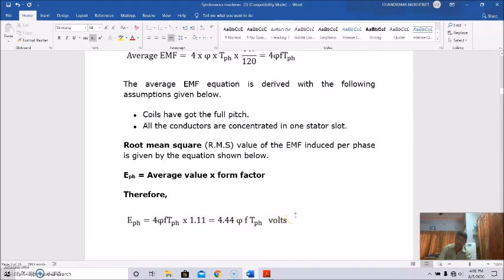But in the actual case, coils are not full pitch and they are not concentrated in a single stator slot.